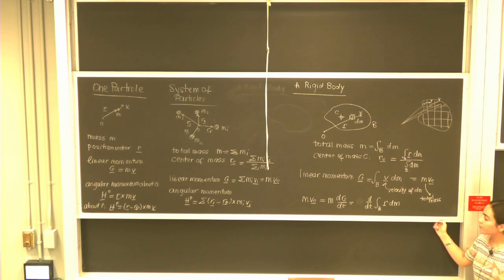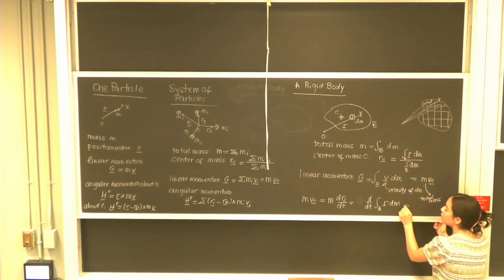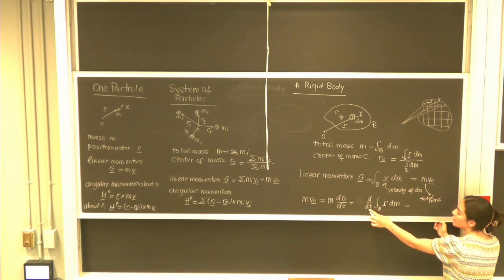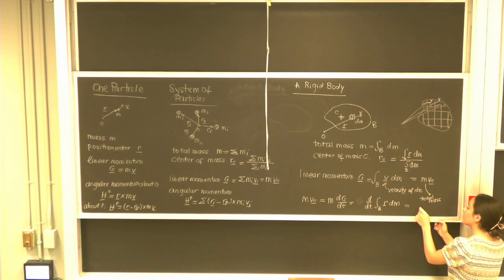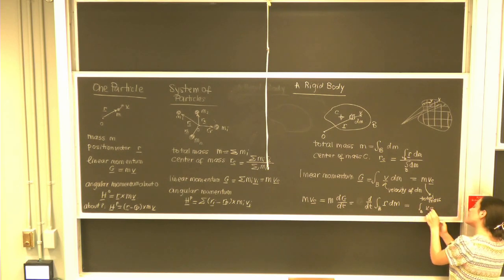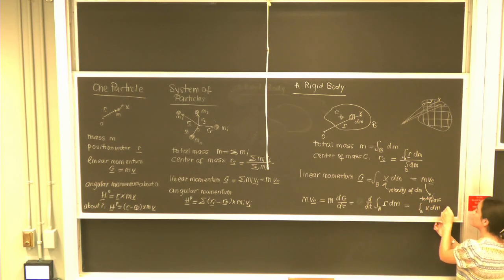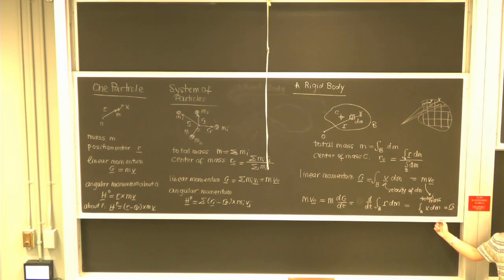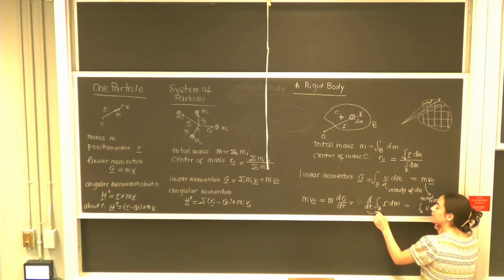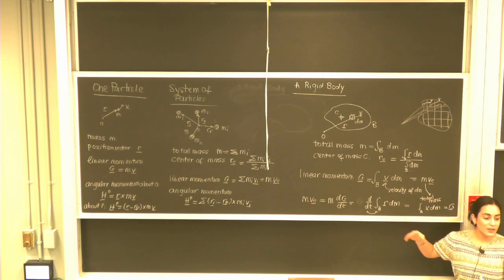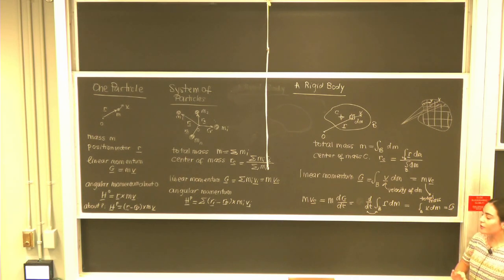Okay. Now, what we did is, we put the derivative inside and we got the integral over the body of v dm. So then m vc is the integral of v dm, which is g. Now, mathematically speaking, I did some mathematically incorrect tricks here because I flipped the d by dt and put it inside the integral, and technically the boundary of the integral may be dependent on time. But for now, I won't go into this.